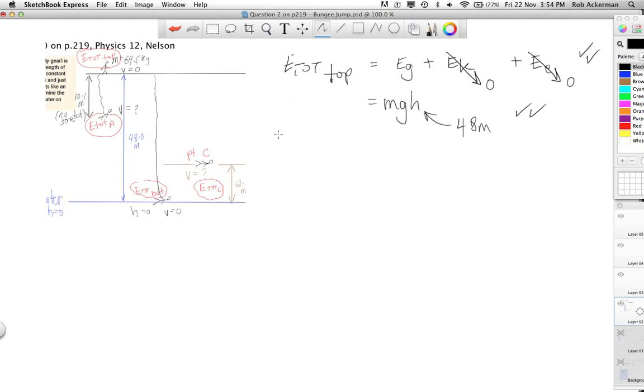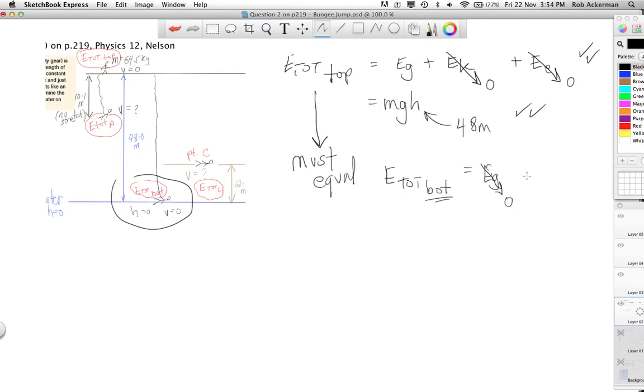Now if the law of conservation of energy is to be true, then this value must equal your total energy at every other point, including the bottom, right over here. Well, what's going on at the bottom? Have we got EG? No. By definition, when you're at the bottom, that's 0. Have you got EE? Absolutely.